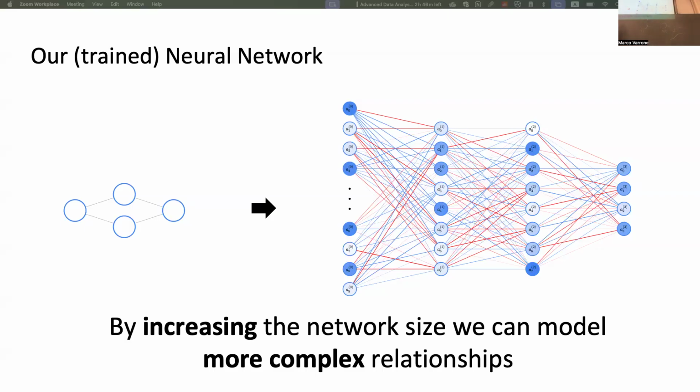And there was a paper in 1969 that basically showed that you couldn't model certain functions through these neural networks only. For example, if you take the XOR function, it means that it's 0 whenever two values are equal, and it's 1 when two values are different.